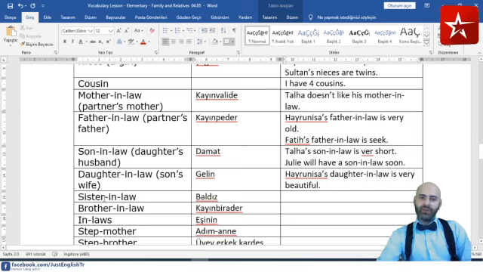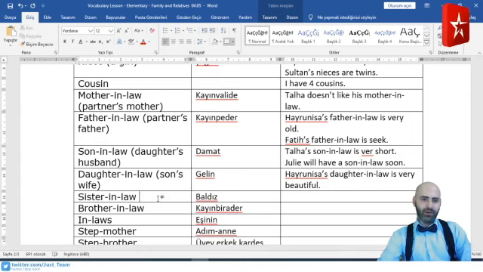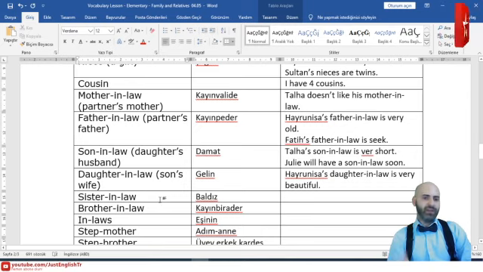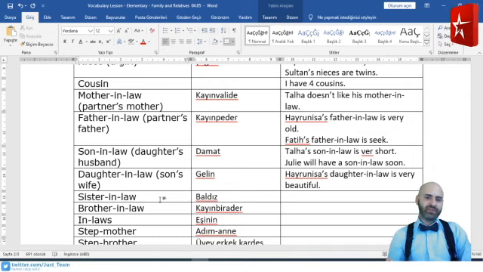Now let's talk about sister-in-law and brother-in-law. Sister-in-law is a woman. It can be your brother's wife, or it can also be your partner's sister.